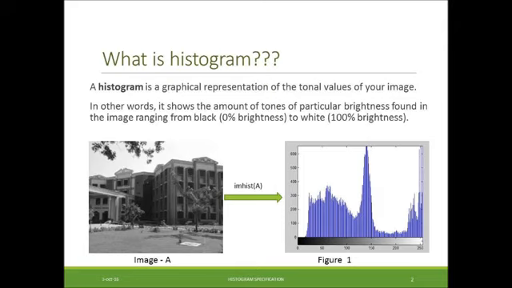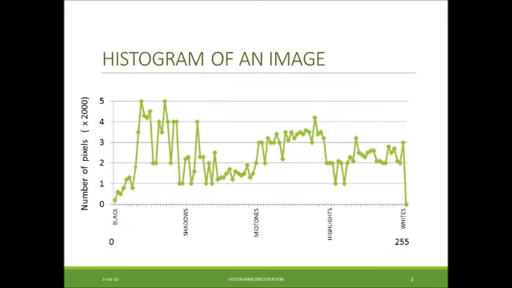Here, figure 1 represents the histogram of the image A. The histogram is obtained by a simple code in Matlab, that is hist of A. In digital image representation, the given image is divided into many pixels.